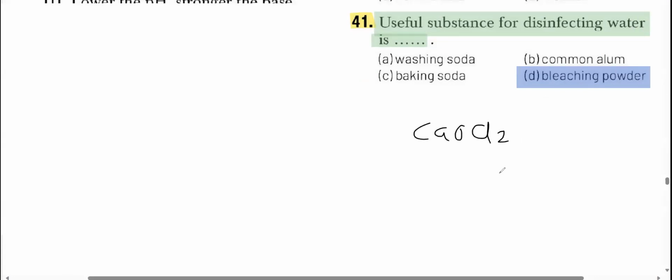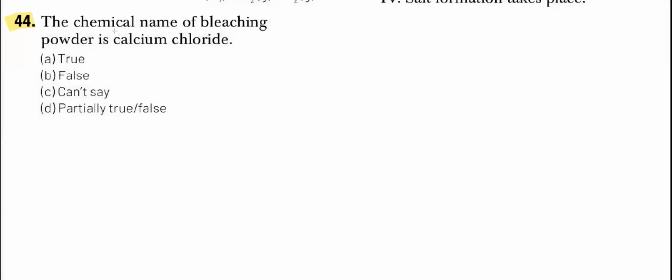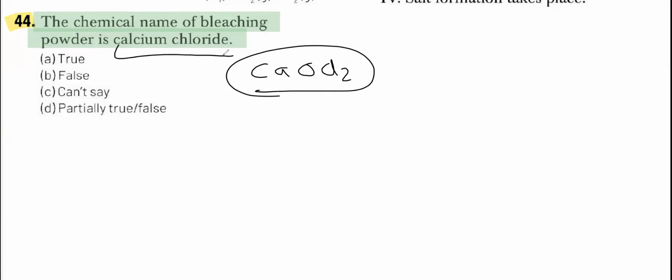It releases chlorine gas, and that helps in killing germs and bacteria, and therefore we use bleaching powder for disinfecting drinking water as well as the water we use for other purposes, including the swimming pool. It says, chemical name of bleaching powder. Bleaching powder is calcium oxychloride, right? The statement saying calcium chloride is an incorrect statement.